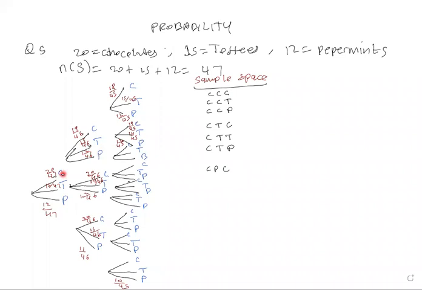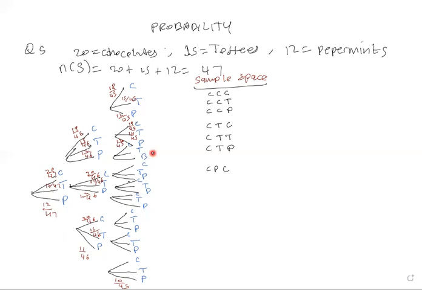That is CPC. Then CPT. Then CP, I don't know. There must be a wrong letter here, isn't it? That total is supposed to be P, so you can correct it.